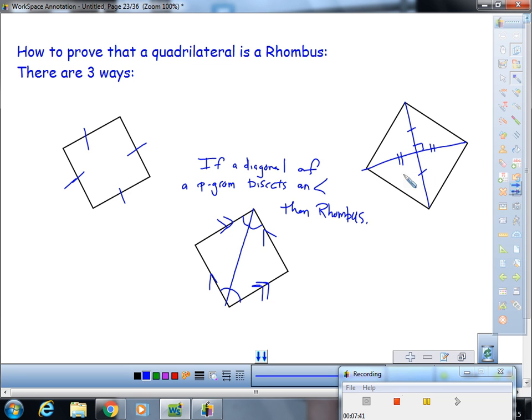If the diagonals are perpendicular bisectors of each other, notice the difference between a rhombus and a kite. Then it's a rhombus, okay?